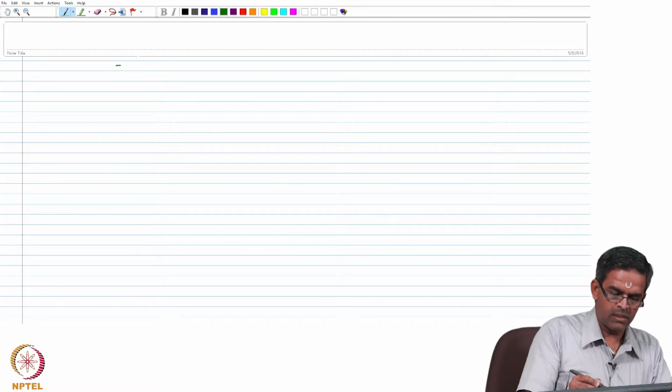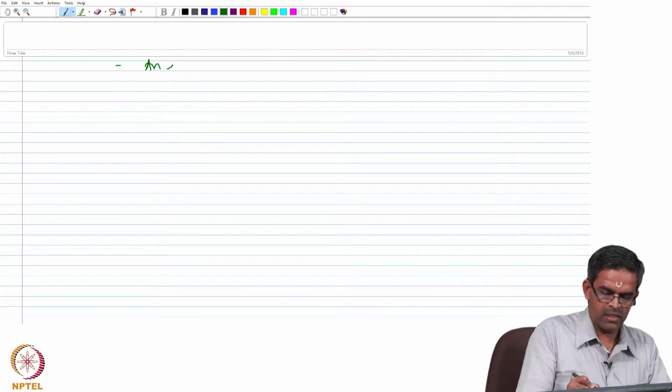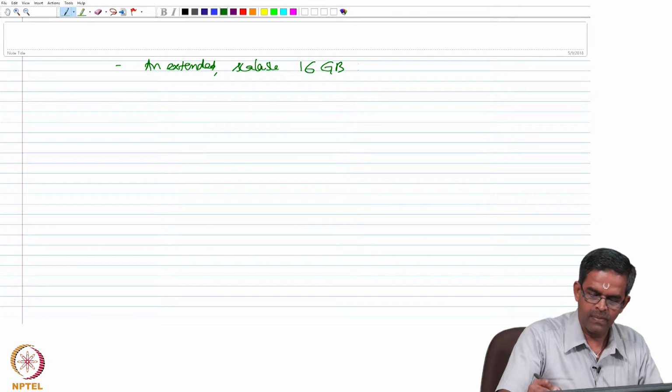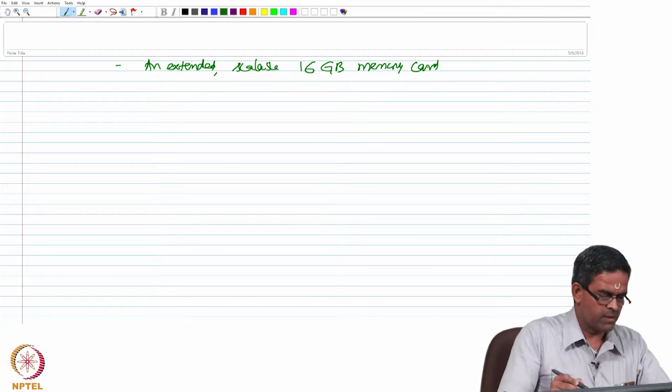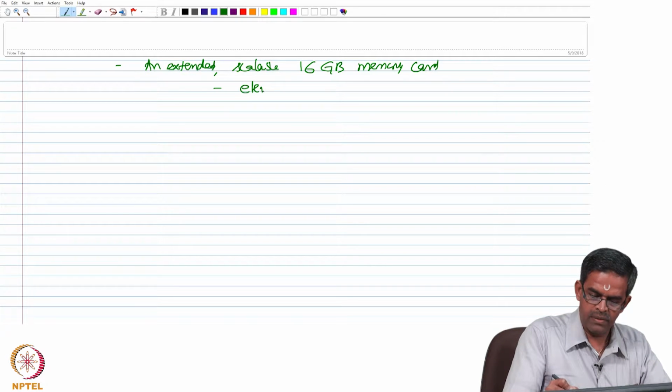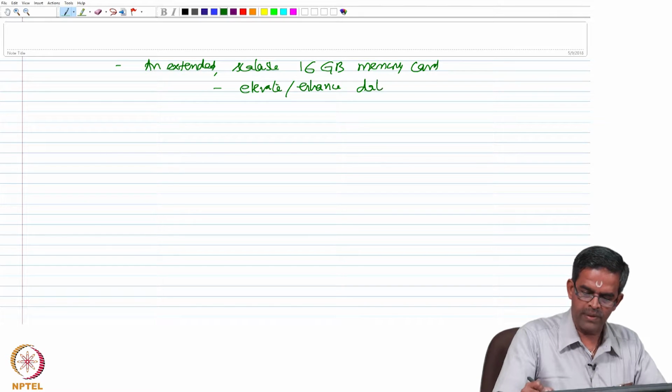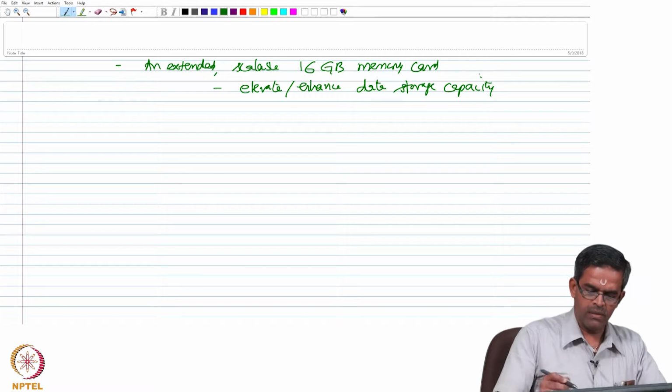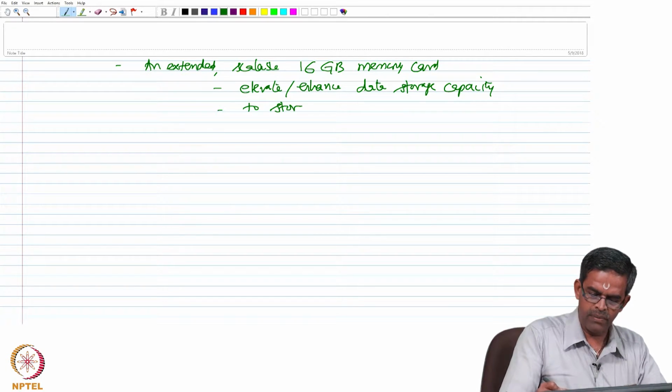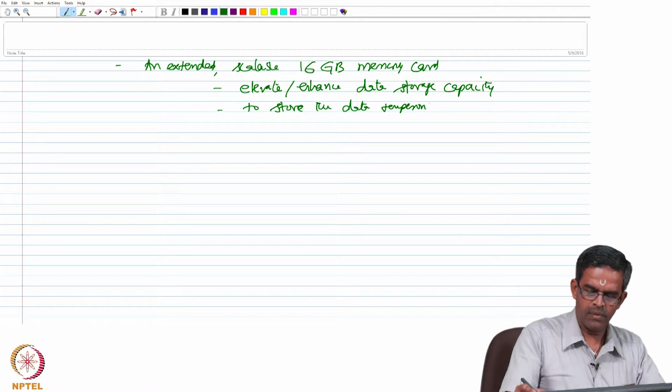So, this device is recommended to be used with an extended scalable memory card, which is connected to enhance the data storage capacity. This is required to store the data temporarily until it is ready for post processing.